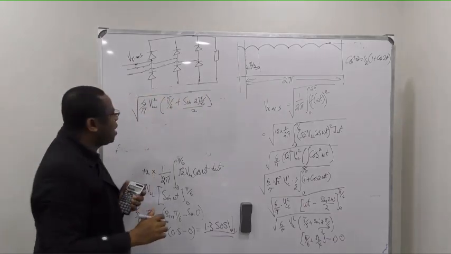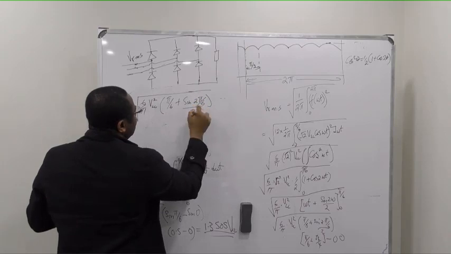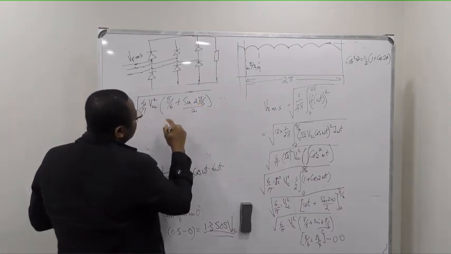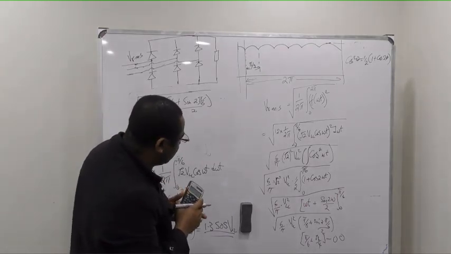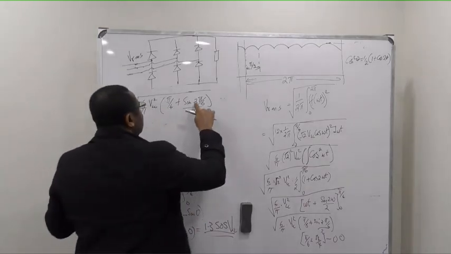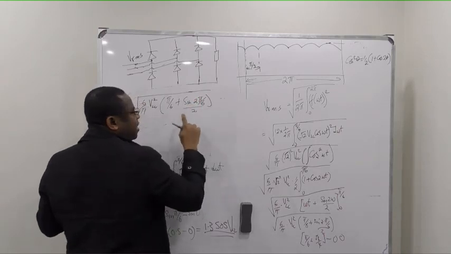Let's evaluate this. Now, what is sine 2 pi over 6? This is twice of pi over 6, so this is 2 pi over 6, which is pi over 3.